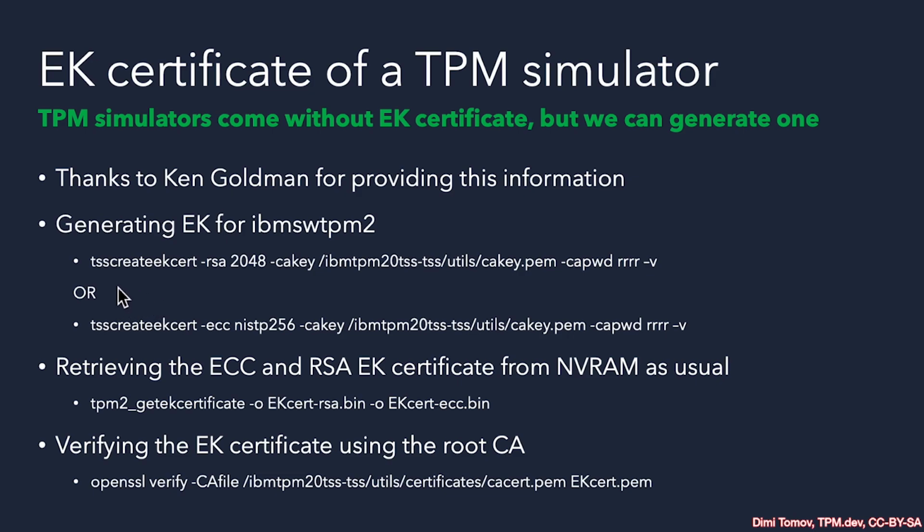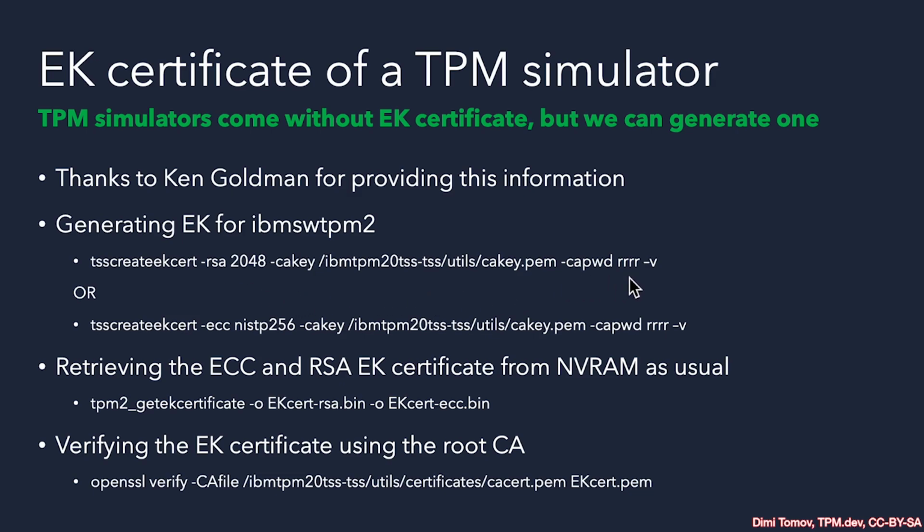We have two options, of course. We can generate an RSA 2048-bit key or ECC P256. And depending on our needs, we have two variants of this command, which is called tss createekcert. This command is part of the IBM TSS stack and it is preloaded on our Docker Lab environment.